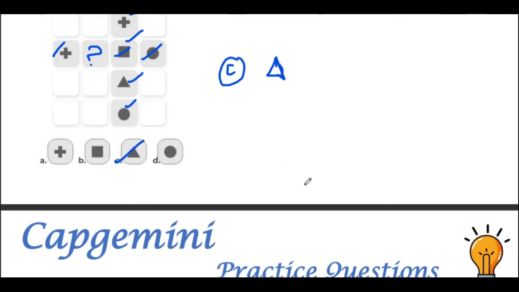Here four shapes are present: plus, square, triangle, and circle. This row contains plus, square, and circle, which means the only choice left is triangle. So option C is the correct choice, which means triangle.